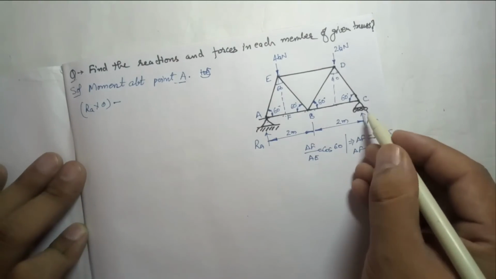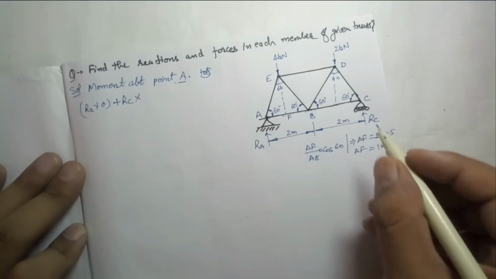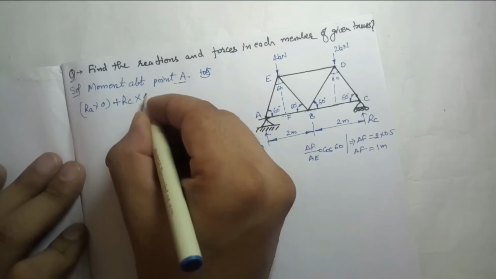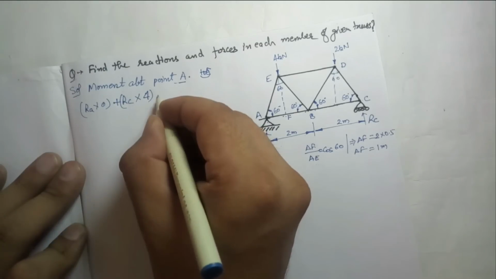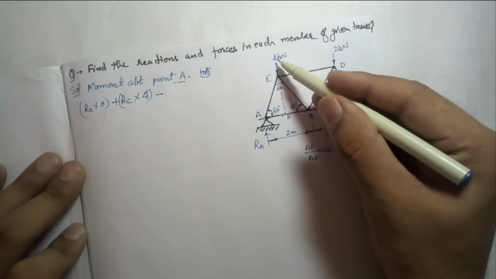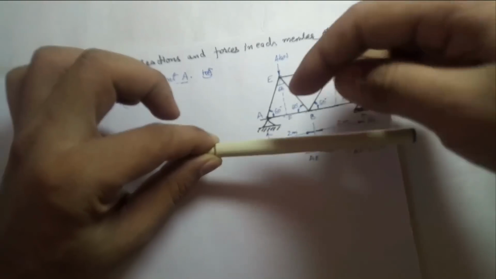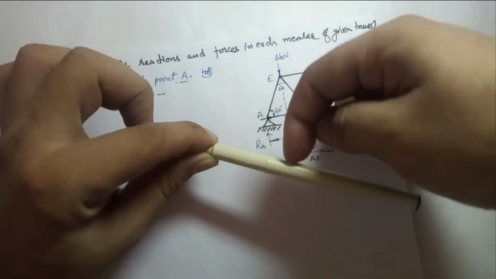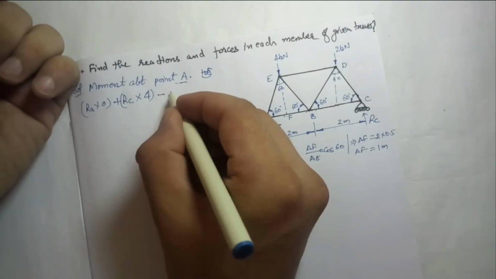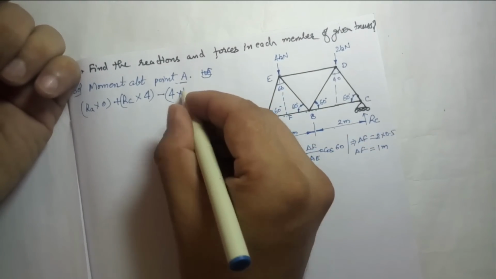After that RC is positive, RC into the perpendicular distance from this to this, 2 plus 2, 4, so RC into 4. After that, minus the 4 kilonewton. Do not take downward or upward, take clockwise or anti-clockwise. This is clockwise, opposite to the assumption, so minus 4 kilonewton into perpendicular distance, that is 1.